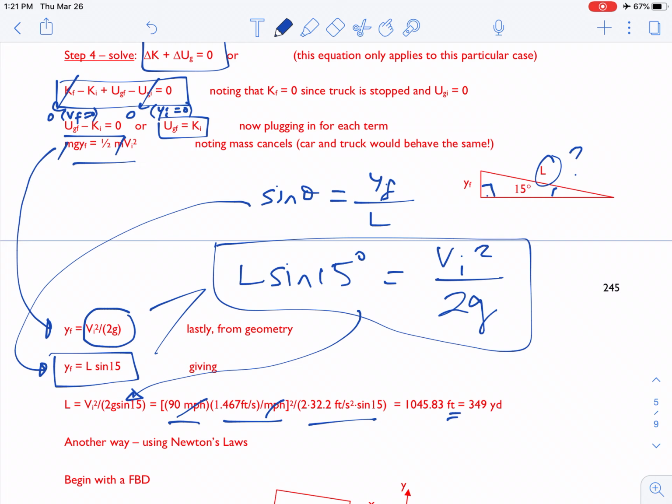Then you're just going to end up with feet as the unit, as it should be. So it's about 1,000 feet, and in terms of yards, it is a couple hundred yards, 349, and that's the answer. Okay, box this as well.